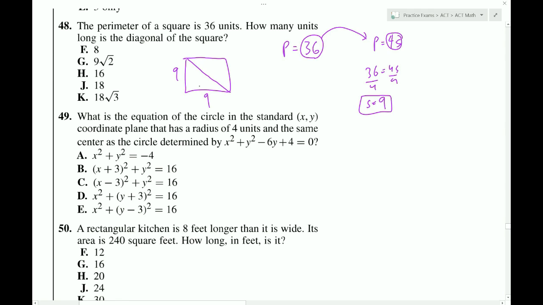Whenever we have this situation, we have really a 45, 45, 90 triangle, and so we can look at just the triangle here, and the ratio of sides for a 45, 45, 90 triangle is going to be x, x, x radical 2, right? So whatever the side length is, the diagonal here is going to be that times radical 2. So we just go with choice G.